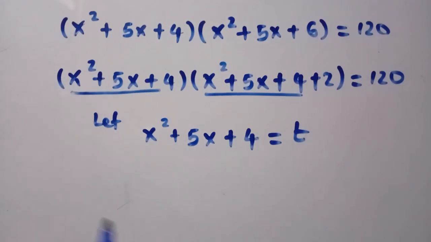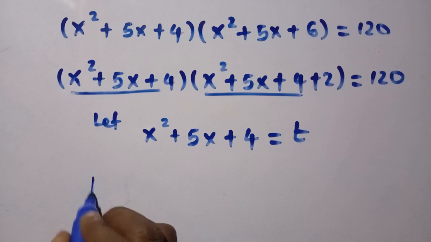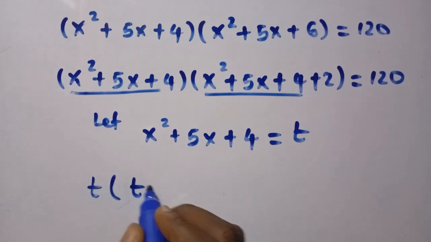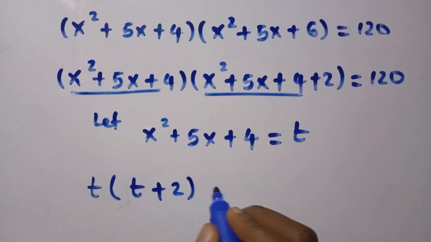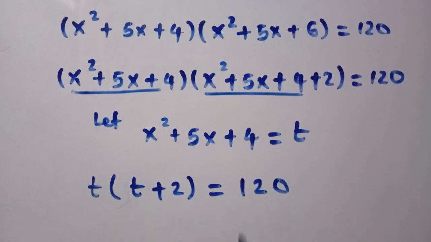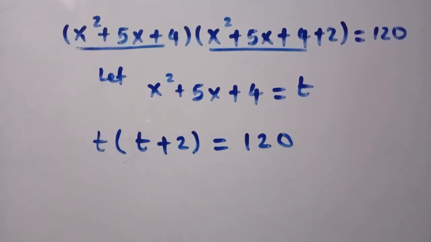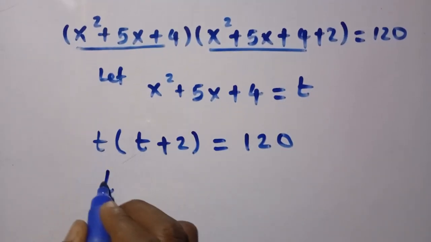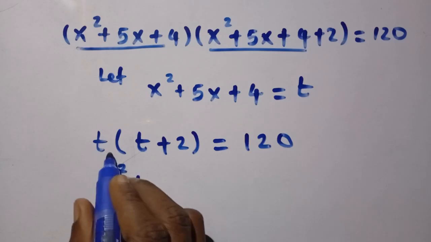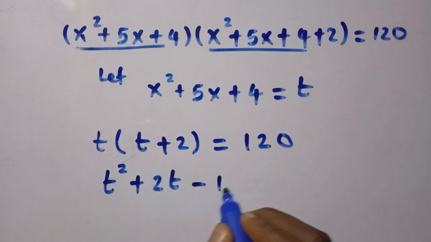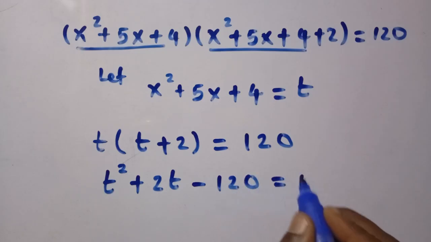Then we replace it, as we have t multiplied by t plus 2 equals 120. So we open this parenthesis: t times t is t squared, plus t times 2, that is 2t. Then minus 120 equals 0.